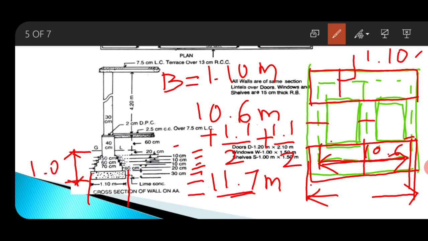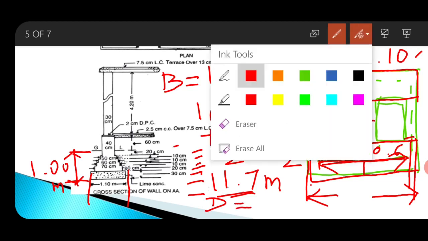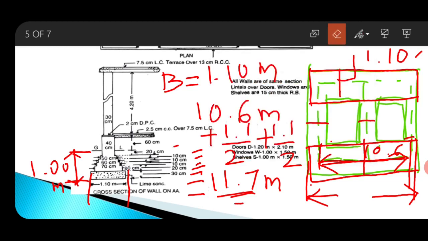That means 100 centimeter, which is equal to 1 meter. So depth of the excavation work is equal to 1 meter. So depth is equal to 1 meter.